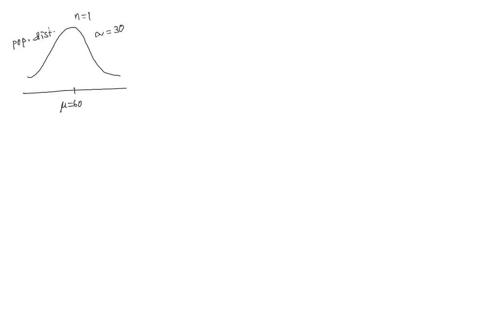Now if you take a sample of size 25 and consider the sampling distribution, it is gonna look like this. This is mu sub x bar, and this is sigma sub x bar. Since the initial population is bell-shaped, the sample size does not matter.